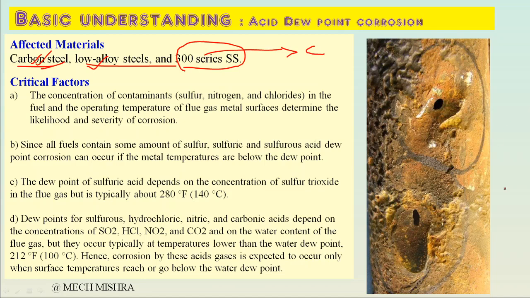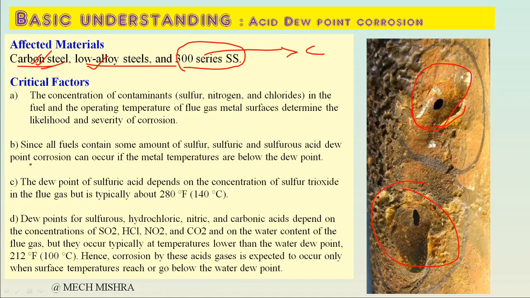See what happened here. First, the temperature of the stream went below the dew point, and water got condensed. When water condensed, the acidic species in the vapor also condensed and formed localized acid, and that corrodes the metal. See the extent of the damage.